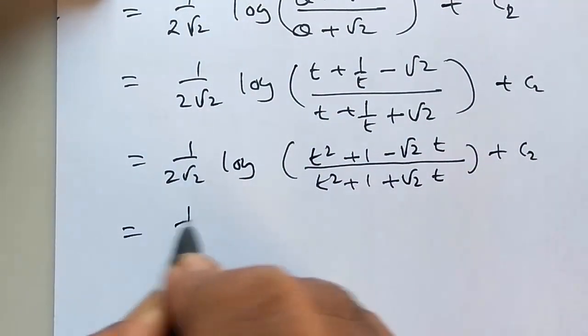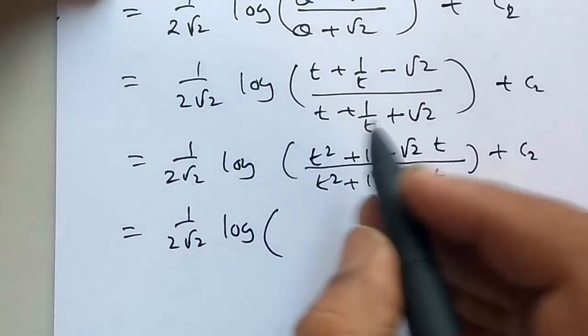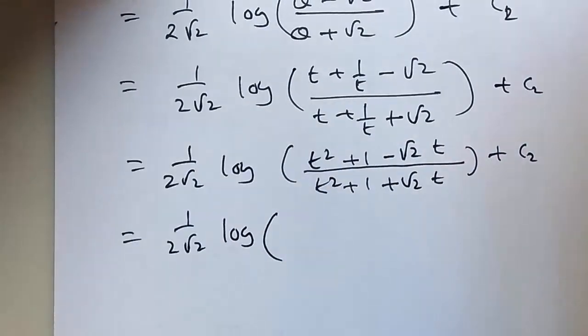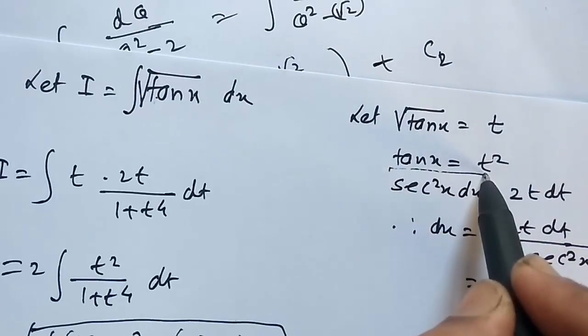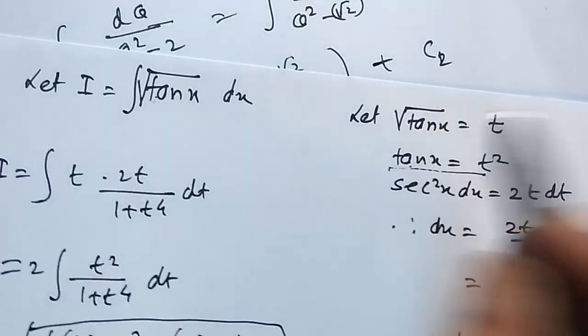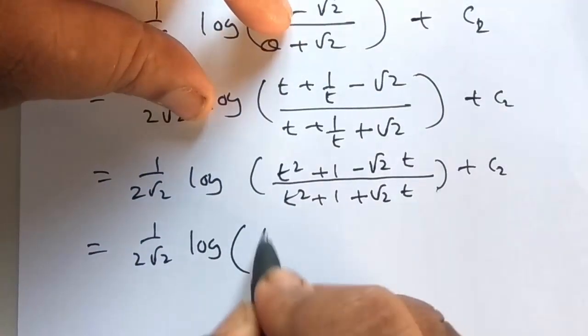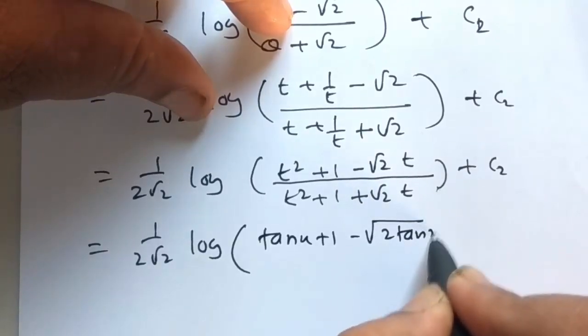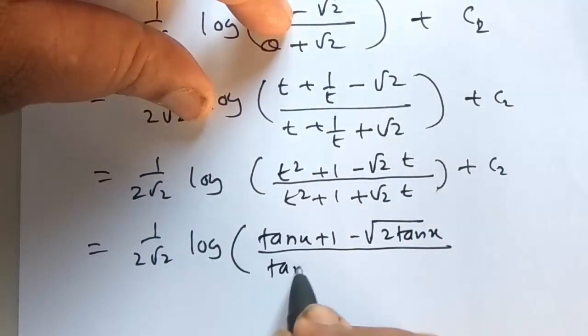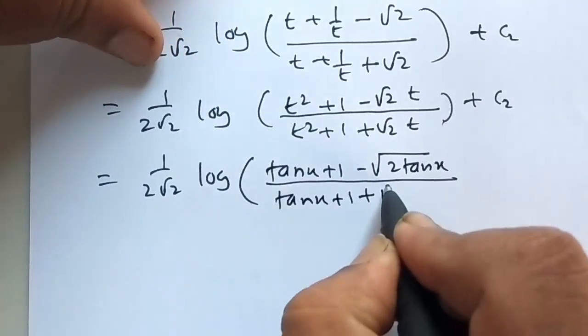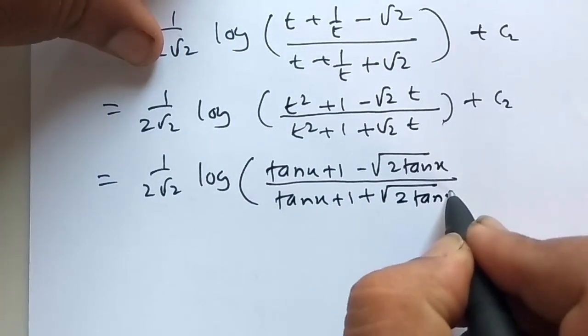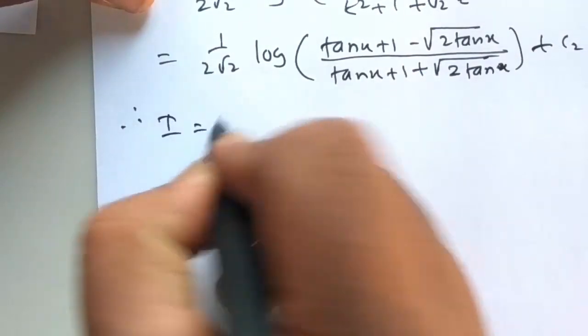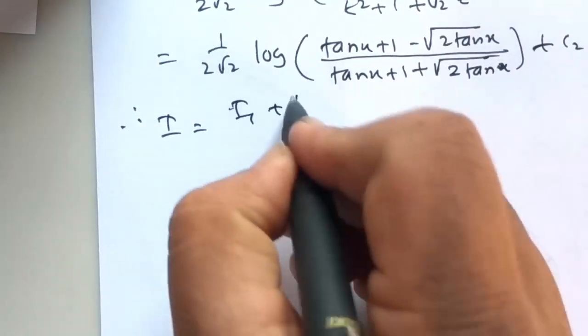This is equal to 1 upon 2 root 2 log of, t square is tan x and t is equal to root of tan x, so it is tan x plus 1 minus root 2 into root tan x upon tan x plus 1 plus root 2 into root tan x, plus c2. And therefore I is equal to I1 plus I2.